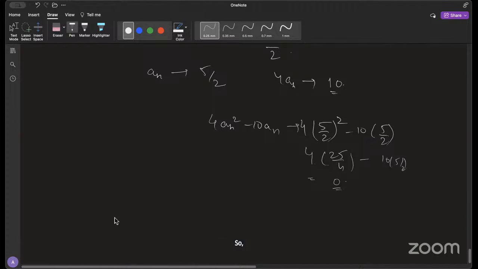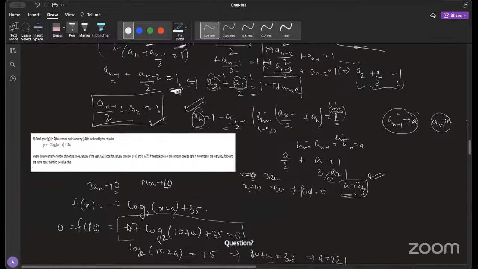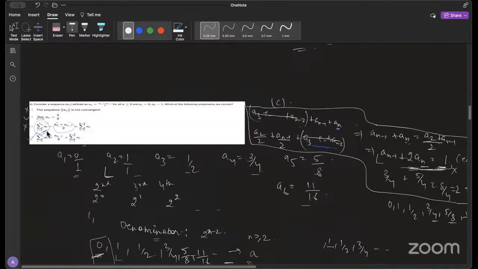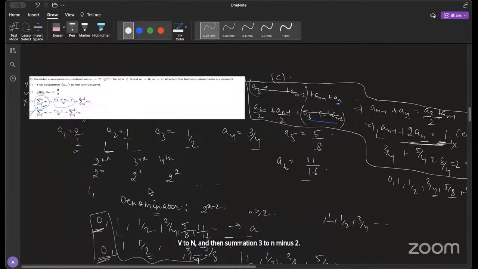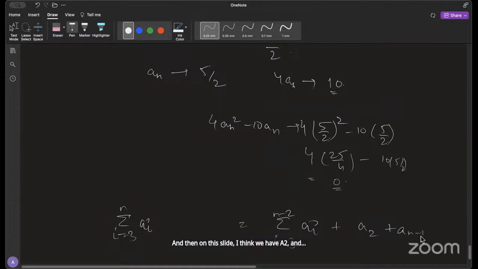The question was, what was the question? Summation 3 to n and then summation 3 to n minus 2. And then on this side, I think we have a2 and an minus 1 by 2.